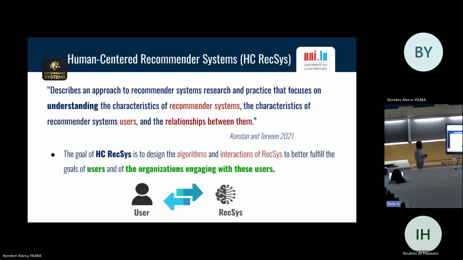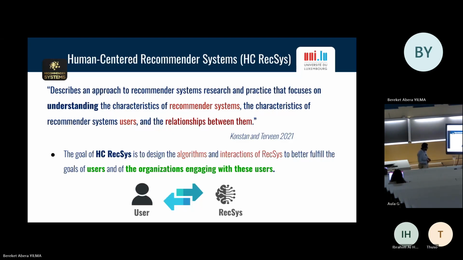Here, the goal is to design algorithms that fulfill, or better fulfill, the goals of the user and also of the organizations, entities or stakeholders. The goals of the stakeholders.